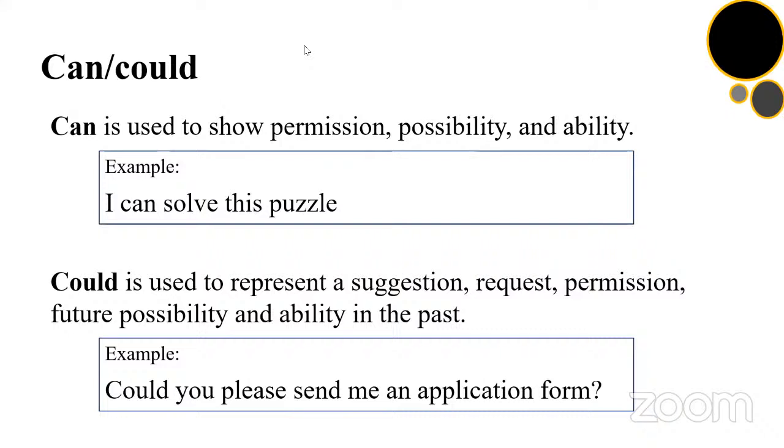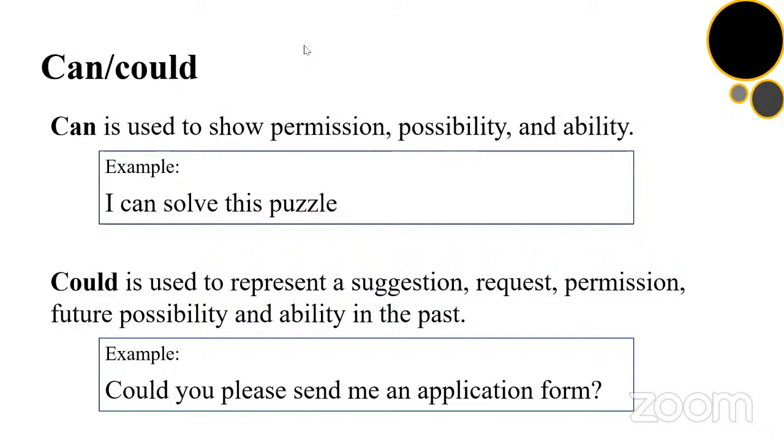Here, can you send me your application shows the ability, and you are also asking for permission. The thing is you are requesting whether they could do it or not. We don't know, you are just asking them.